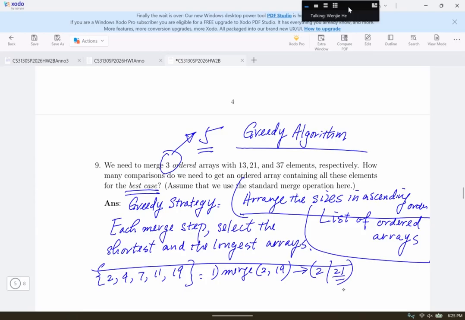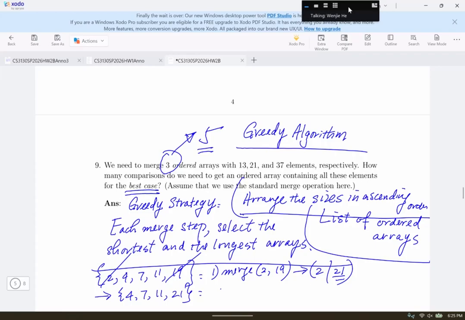You need to put this 21 back, so you update your list: you cross out the arrays with size 2 and size 19. Now you have 4, 7, 11, 21.